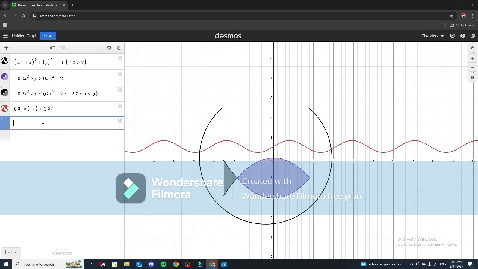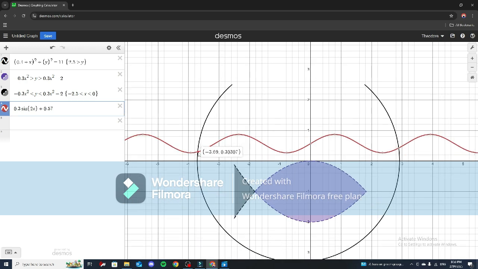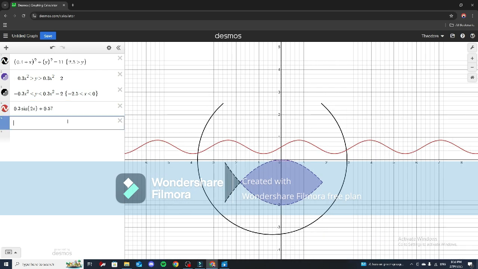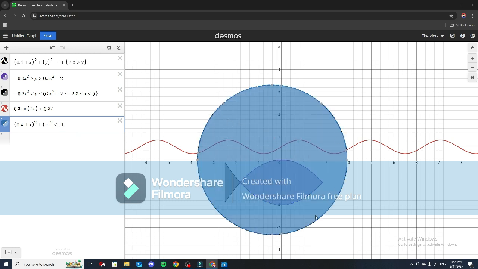Next, I looked at my wave and thought that it really didn't suit. It came out all the way over here and didn't fill my fish tank at all. So I decided to make it a shaded in area again, just so it's easier and I didn't have to mess around with how close it was to the intersection. I did this by plugging in my circle formula, and that filled my circle completely.